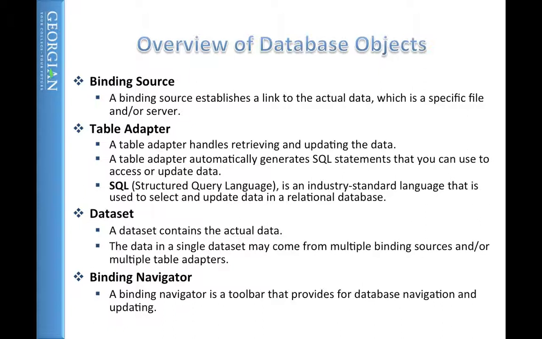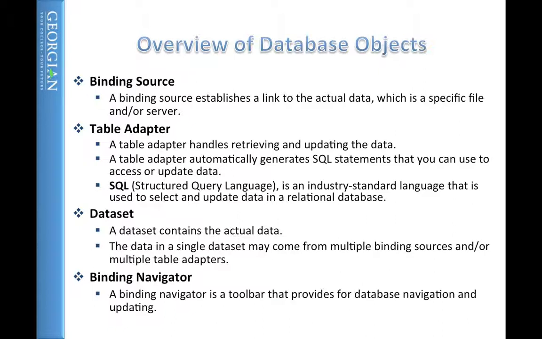What the table adapter does is automatically create these SQL statements, these query statements, so that you can get data from the database. The data set itself is almost like a collection of data taken in from the database. So here's your binding source, your link, your table adapter with the SQL statements, and the data set is all your data.